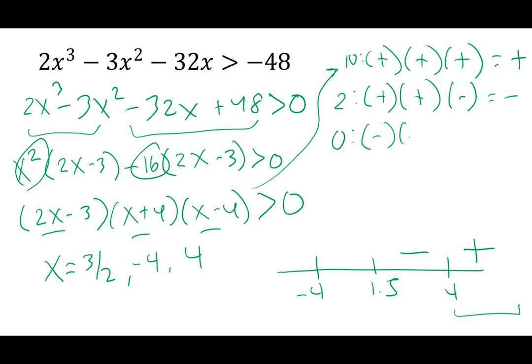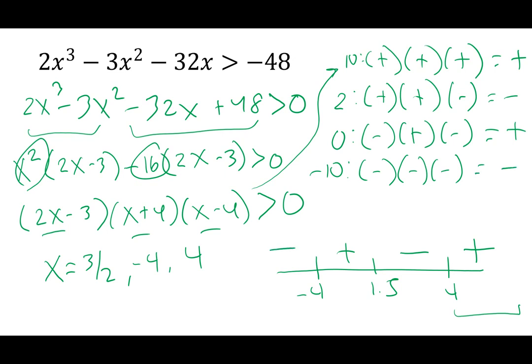That is going to give you a negative times a positive times a negative. Notice that that should yield a positive. And finally, something less than negative 4, I'm going to choose negative 10. So that's going to give me a negative times a negative times a negative. A triple negative is going to be a negative, so I'm going to get a negative here.